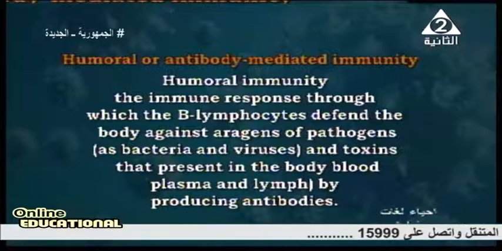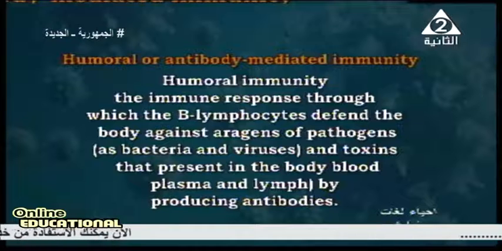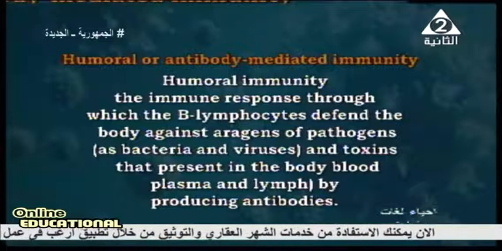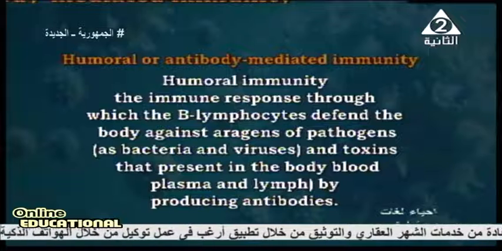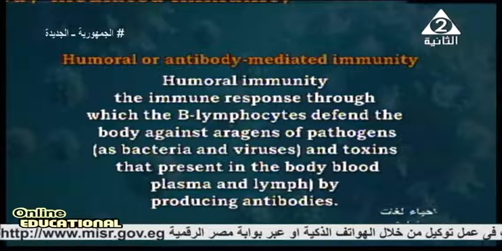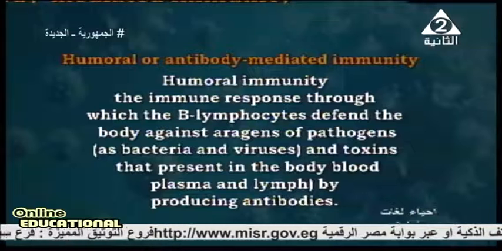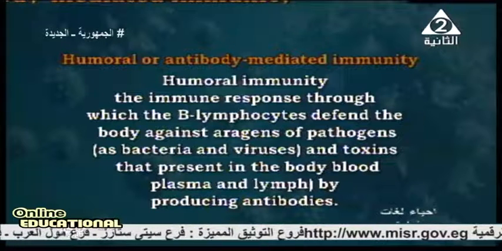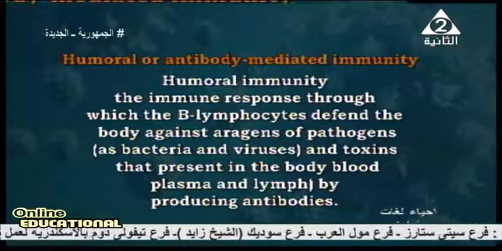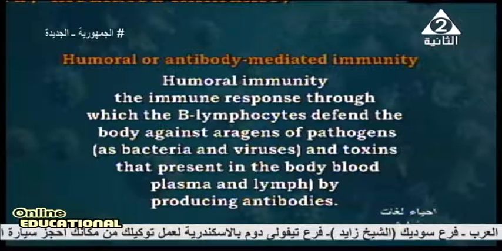This is when you are infected. We will describe this slide. When you are infected by a disease, what happens? This disease, like bacteria, viruses, or any toxin substance, when it enters the body, the first response is the immune response of the white blood cell known as B lymphocytes, which defend the body against this microbe.